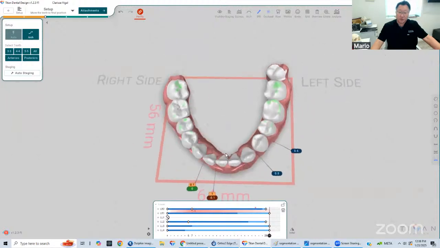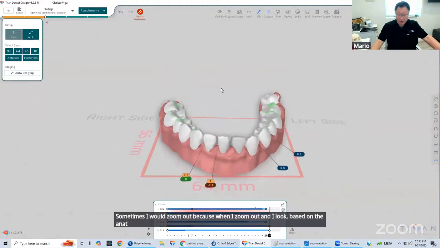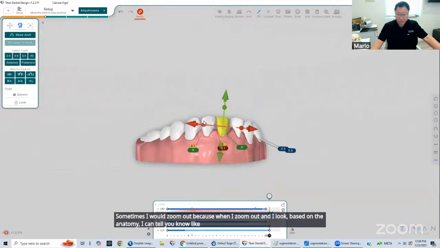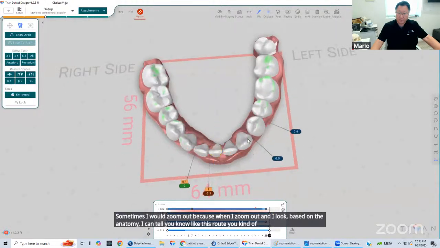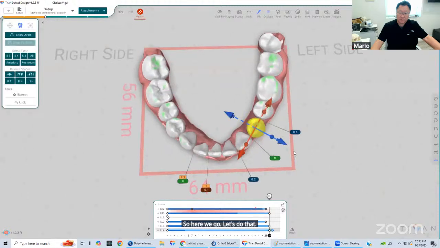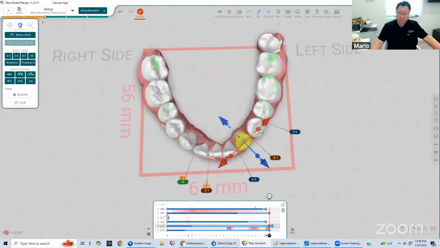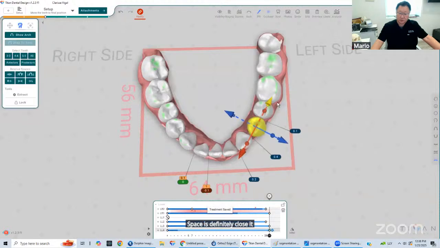And sometimes I will zoom out, because when I zoom out and I look based on the anatomy, I can tell, like this root, you kind of gotta extrapolate. So, here we go. There's spaces, we definitely close it, but we don't want to close too many.